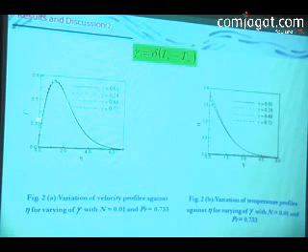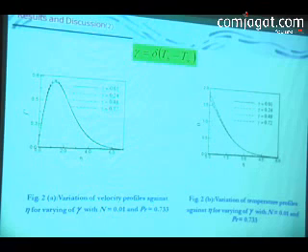We also see that the velocity increases for the increasing thermal conductivity variation parameter, and temperature increases for the increasing thermal conductivity variation parameter.